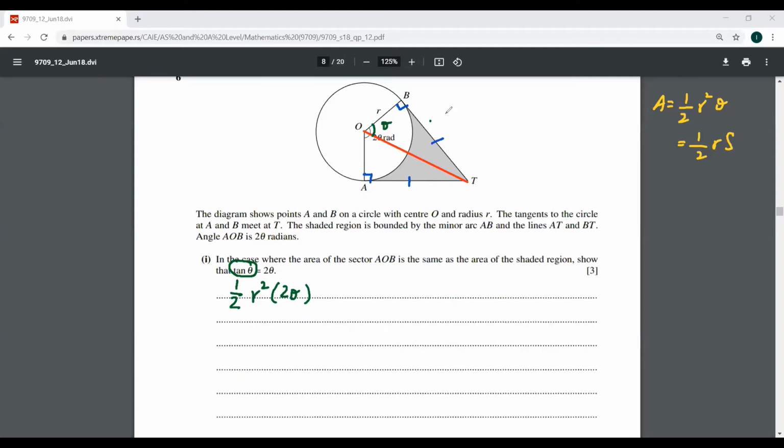I should be allowed to write this as r tan theta because it's a right angle triangle. So this tan theta is going to be, suppose this side is x, so this is x over r. Oh, this is r, yeah, I have written this correctly. This is r tan theta. So the area of the whole shape is twice half into base into the height.